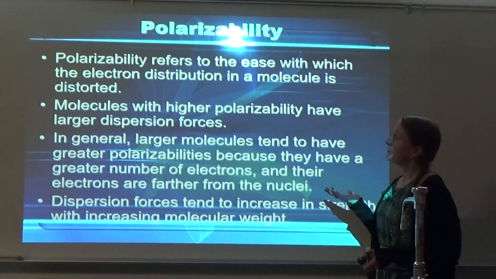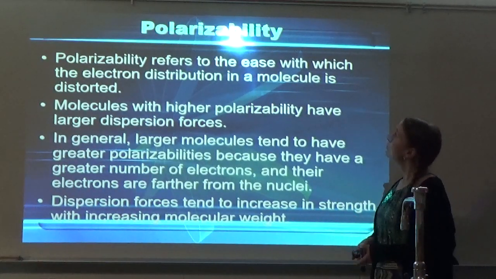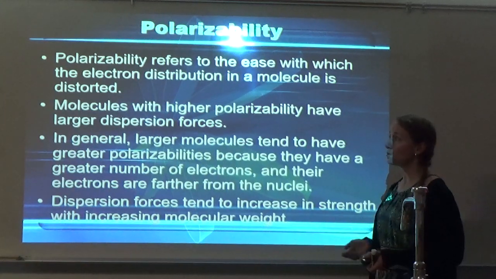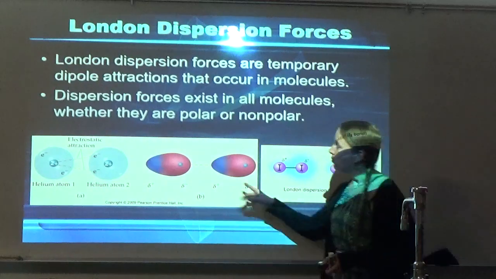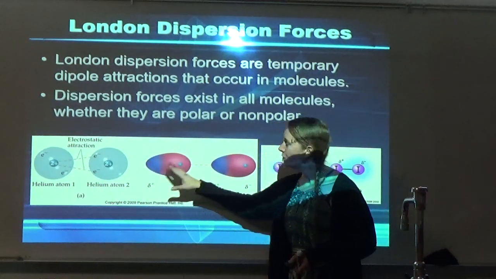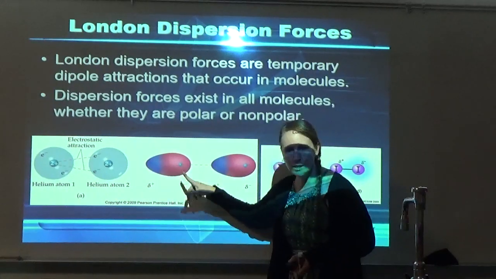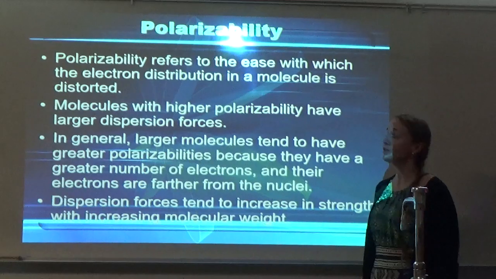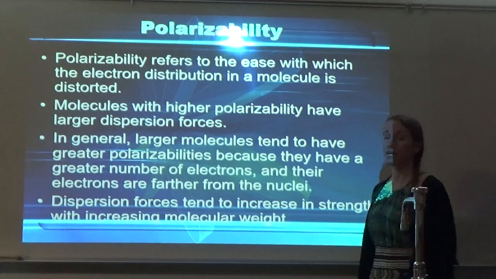So, polarizability. Polarizability refers to the ease with which the electron distribution in a molecule is distorted. And by distorted, we mean where we have the more negative side and the more positive side. So see how it's distorted, it's not equally spread out. So molecules with high polarizability have larger dispersion forces. So how do you know when that happens?